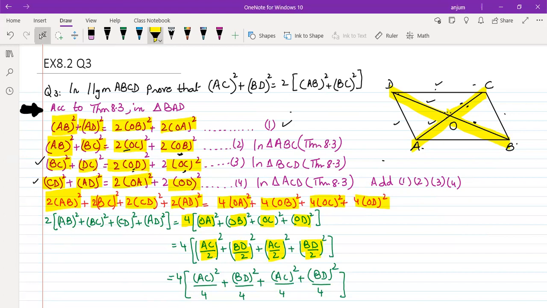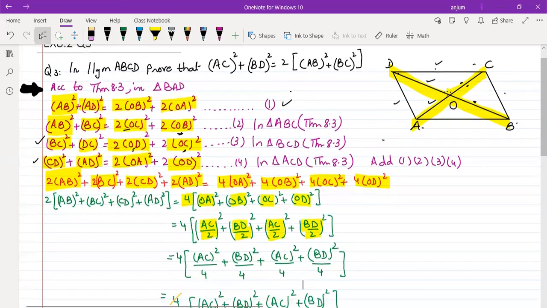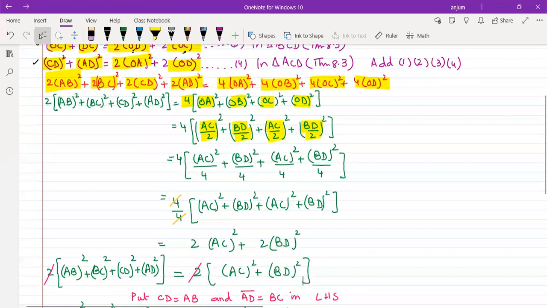Now we have taken 4 common from the denominator as well, and we have cancelled it, and we are left with AC square plus BD square plus AC square plus BD square, that is 2 times AC square and 2 times BD square.